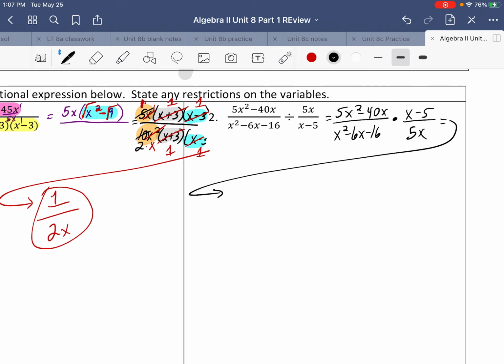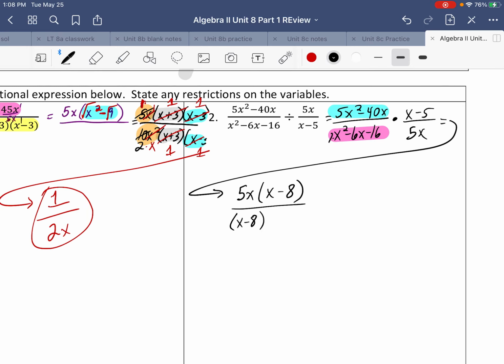I'm going to factor each numerator and denominator. So the greatest common factor here is 5x. Divide the first term by 5x and the last term by 5x. The denominator, x squared minus 6x minus 16. We have a is 1, so it's what two numbers multiply to negative 16 that add up to negative 6.